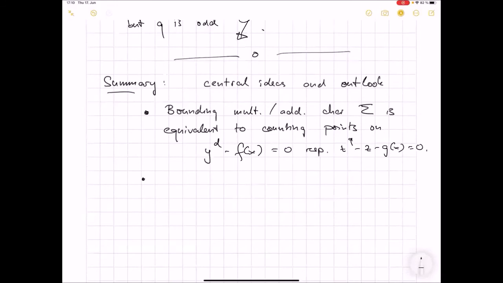Secondly, this point count can be established using auxiliary polynomials, the polynomial method.